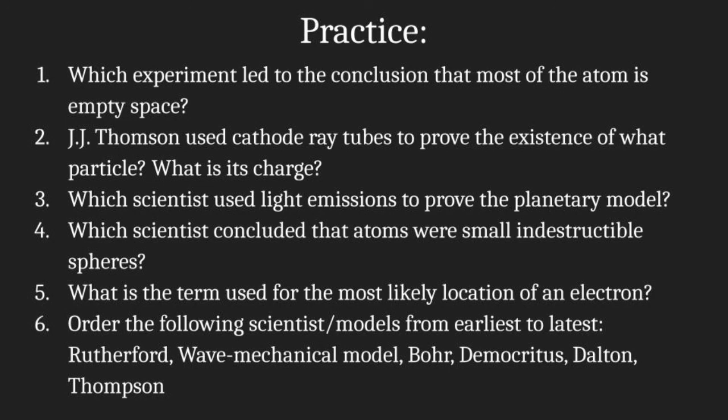Question 3, which scientist used light emissions to prove the planetary model? Question 4, which scientist concluded that atoms were small indestructible spheres? And question 5, what is the term used for the most likely location of an electron? And then for question 6, I would like you to order the 6 models and scientists we talked about in this video. The answers to these questions will be provided for you on the next slide.